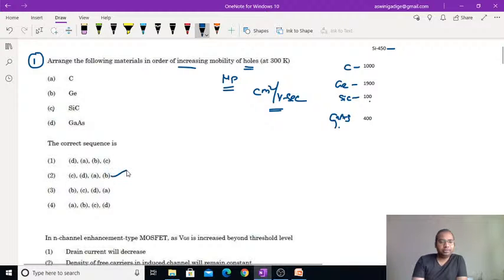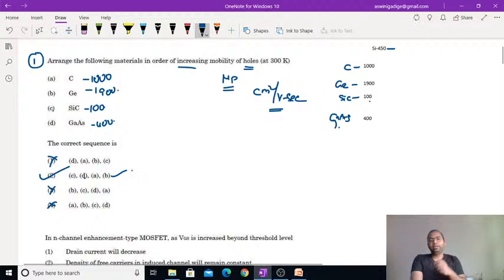Out of all the options, C is the starting one only in the second option, so all the remaining options are wrong. C, silicon carbide, is 100 centimeter square per volt second. Gallium arsenide has 400, so the next one is D. Next carbon has 1000, and germanium has 1900. So the correct answer is C, D, A, B. Remember these values, guys, they may be helpful for the upcoming exam.